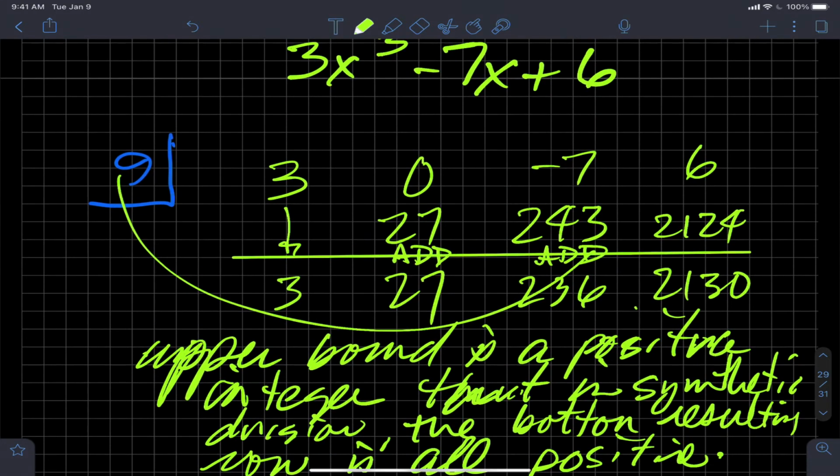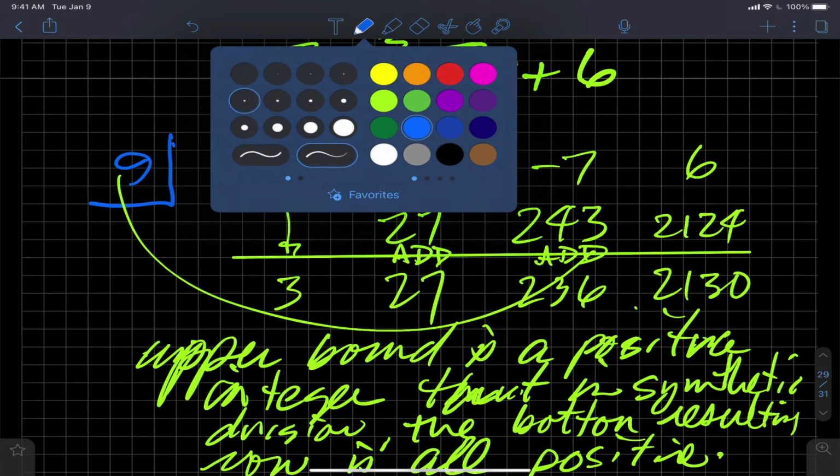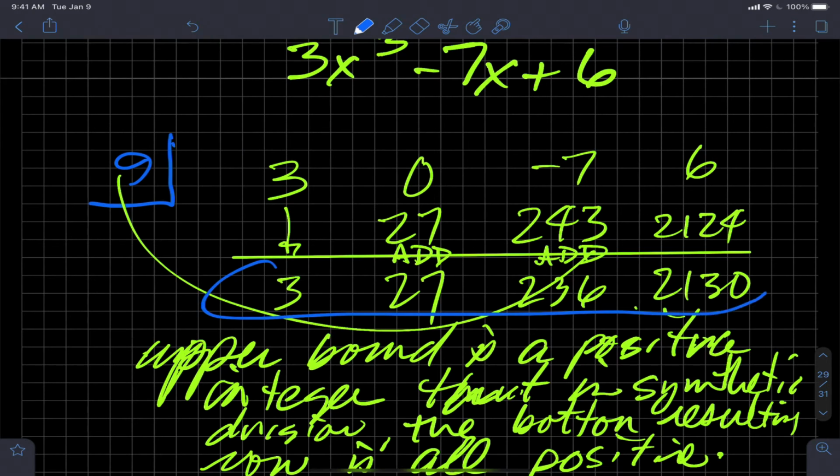So, is this bottom row all positive? The 3 is positive, the 27 is positive, the 236 is positive, the 2130 is positive. So 9 is an upper bound.